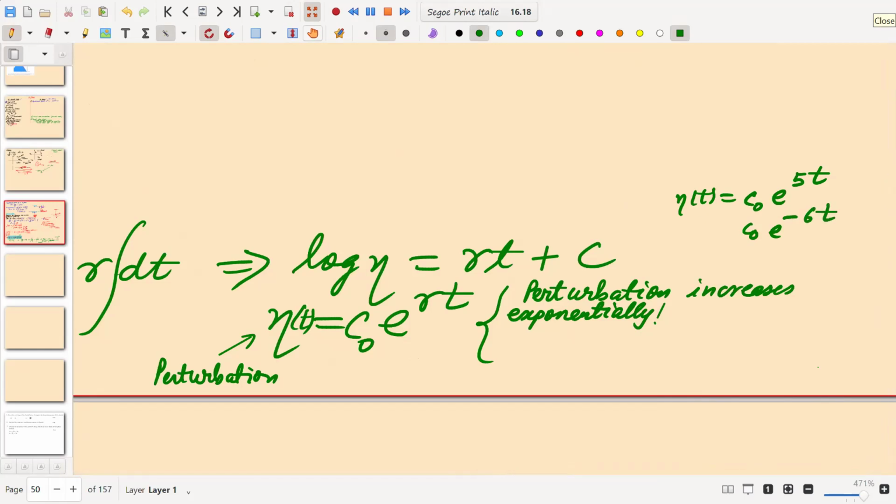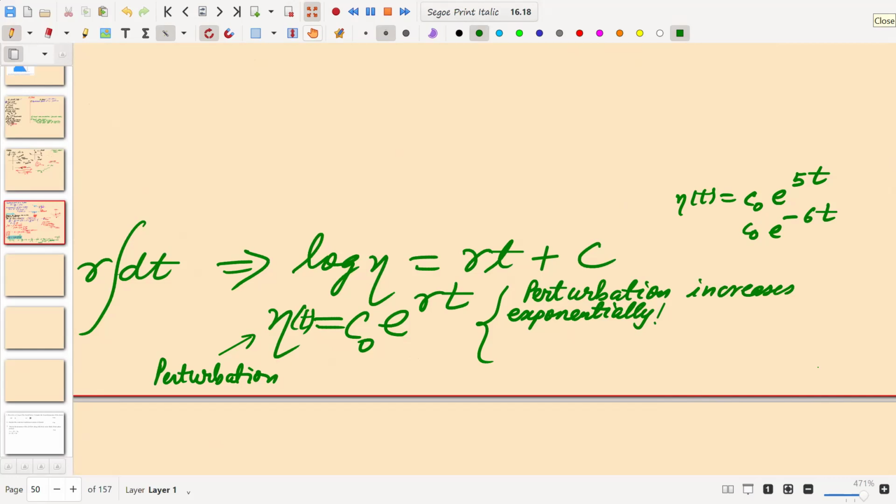If it is e to the power 5t, what happens? It will increase exponentially because time is always positive. So if you have c naught e to the power 5t, it will increase exponentially, so it's unstable. Your equilibrium point is unstable.